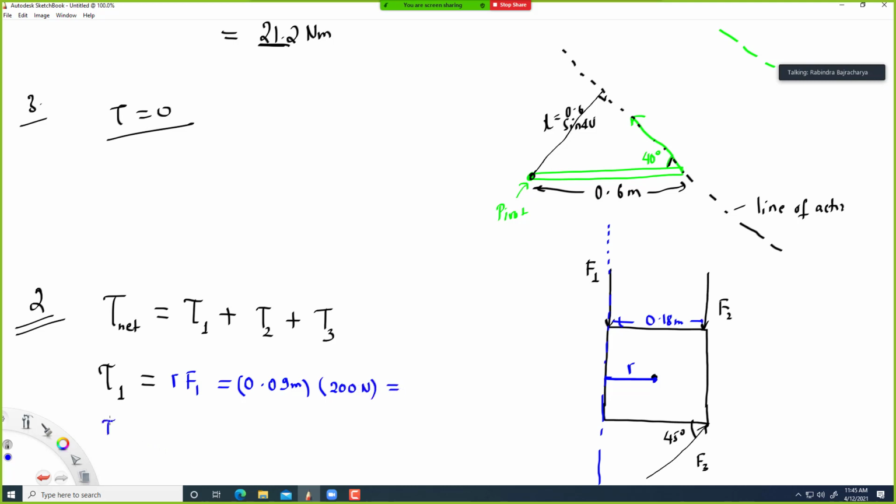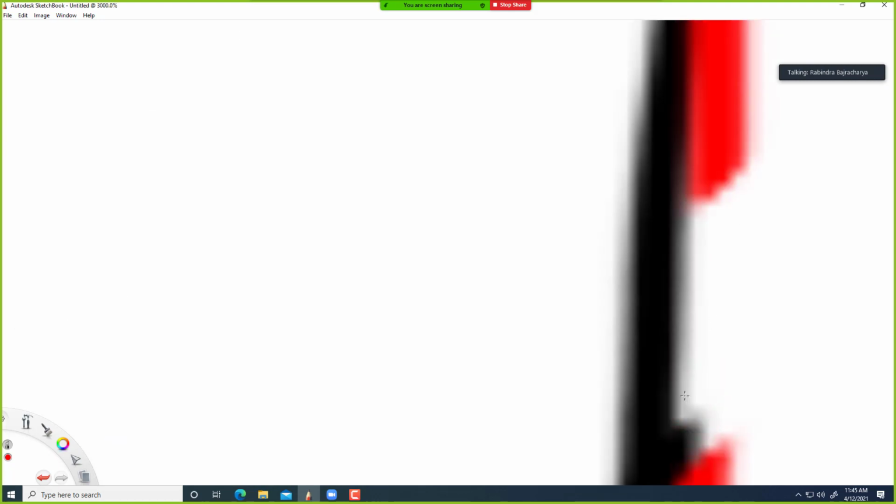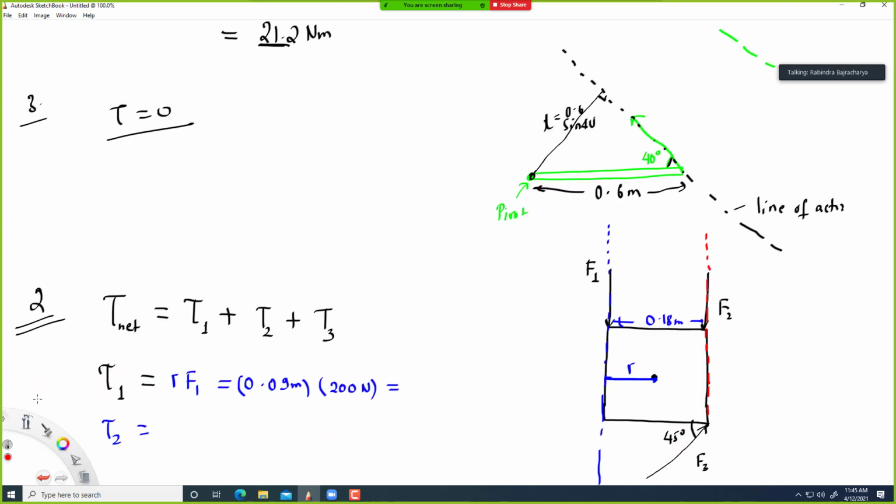Okay. And then T2, do the same thing. So, draw a line of action along the force. And then draw the perpendicular distance from the pivot to that line of action. So that's the perpendicular distance.